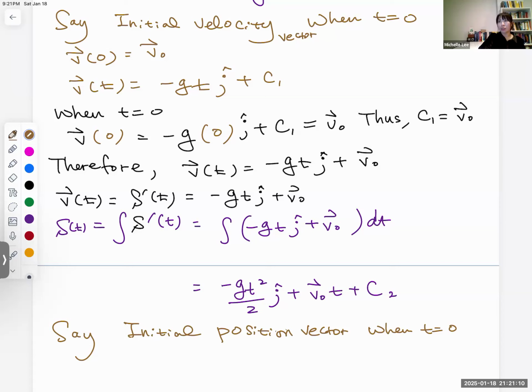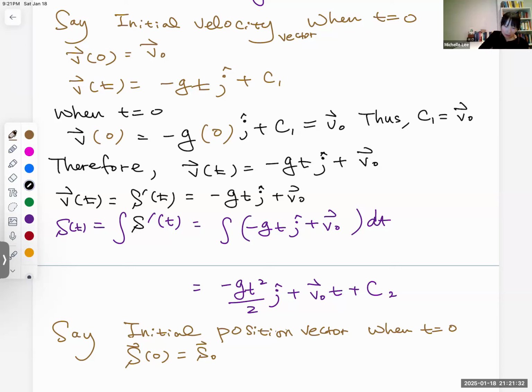Okay, then s of 0 equal to s naught. Yeah. Oh, vector notation, huh? I do not have that, huh?